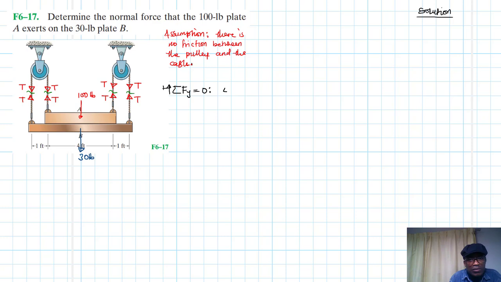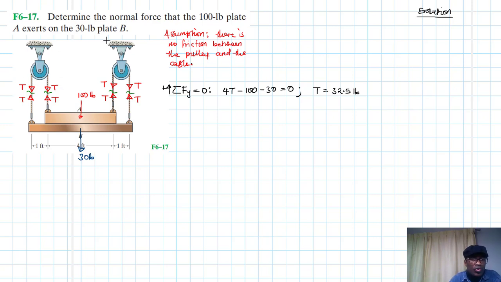It gives us 4T minus 100 minus 30 equal to 0. Therefore, T will be equal to just 130 divided by 4. This gives us 32.5 pounds.